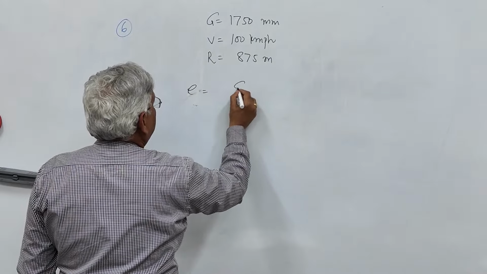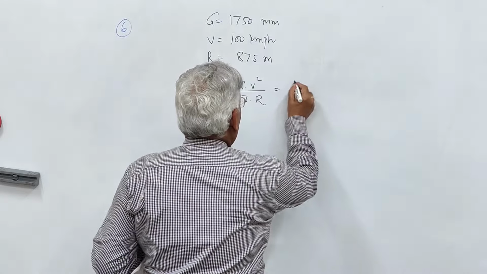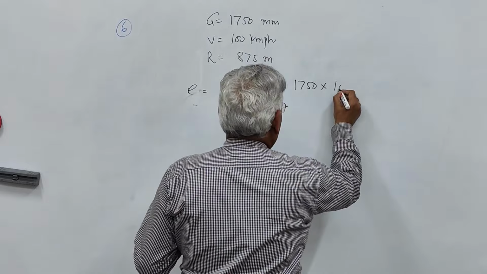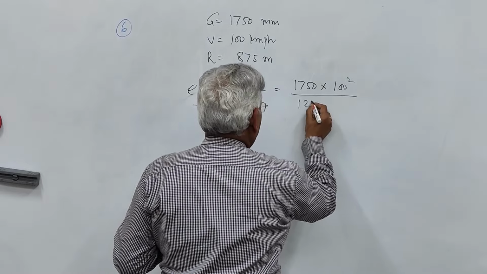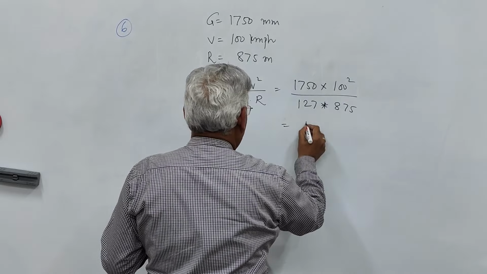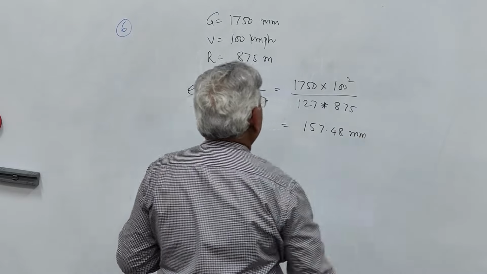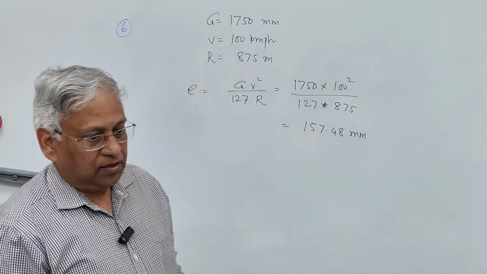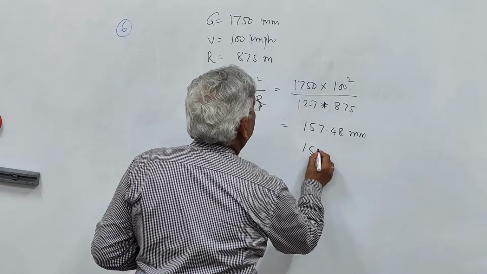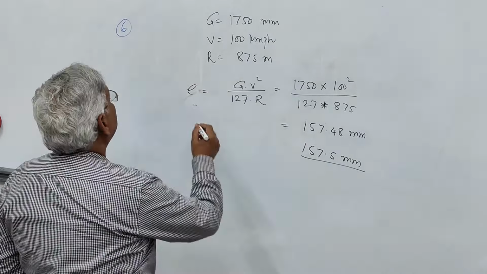E. E is G into V square upon 127 into R. 1750 into V 100, 100 square upon 127 into 875. This is 157.48 millimeter. Rounded off to the one decimal place, 157.5 millimeter. Now this is what we call the equilibrium cant.